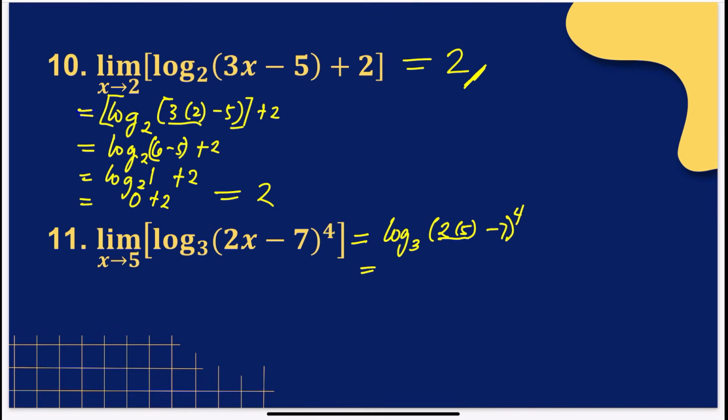Let's simplify this. 2 times 5 is 10, minus 7 is 3. So that is the logarithm of 3 raised to 4 to the base of 3, which is equivalent to 4. So the limit, where x approaches 5, is equal to 4.